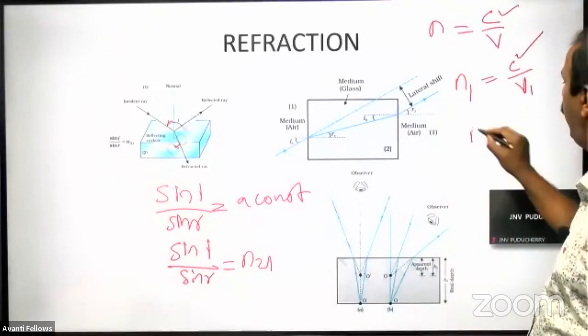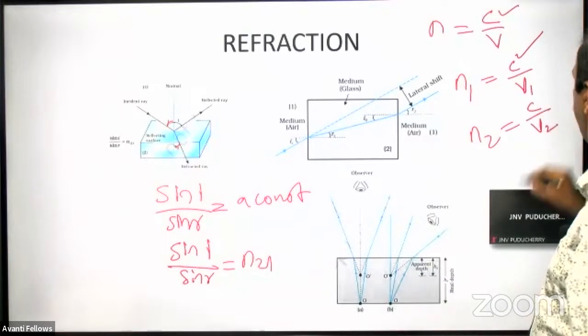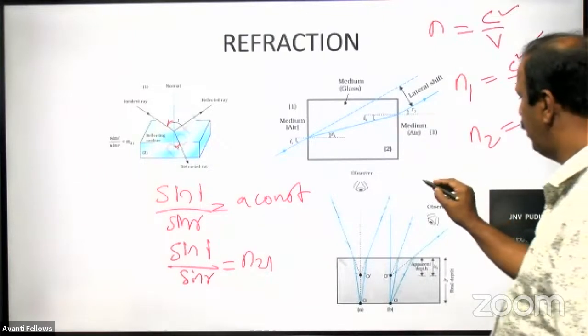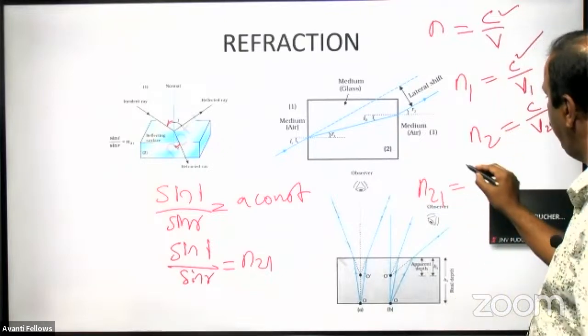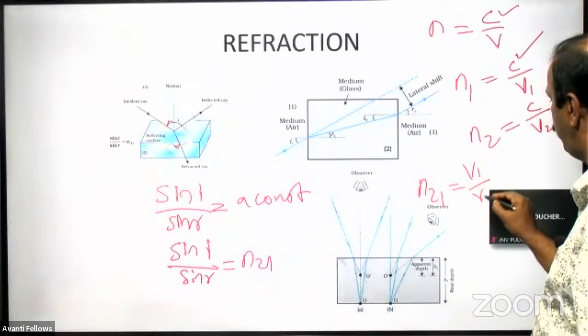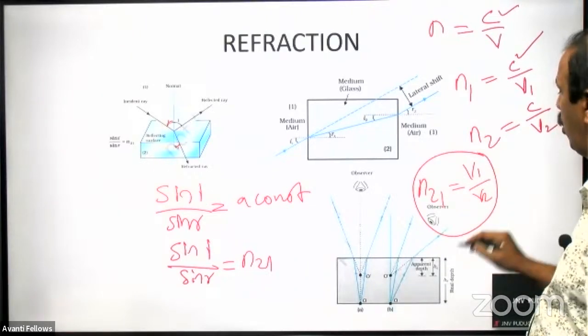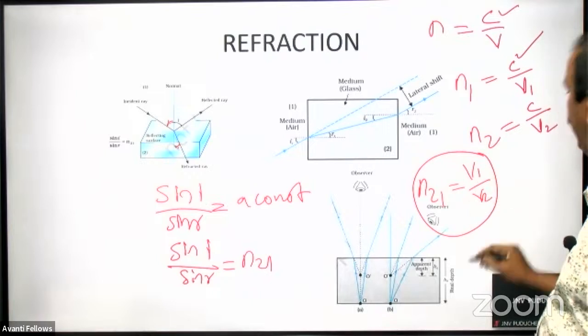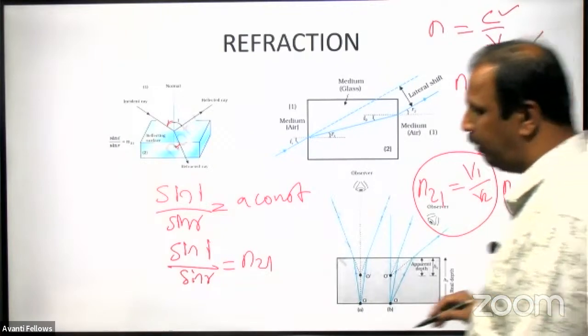Now if you have n2, another medium, then it will be c by v2. Now you see here, when you write n21, very important, n21 will be v1 by v2. n21 is v1 by v2. But when you take it in terms of n, n21 will be n2 by n1. I think you understood what I'm telling.